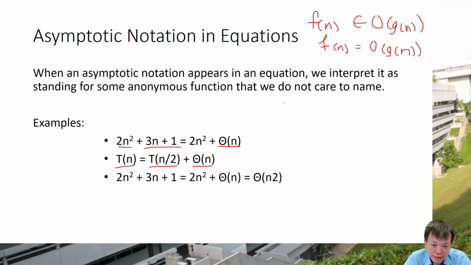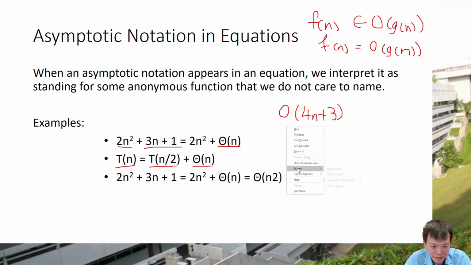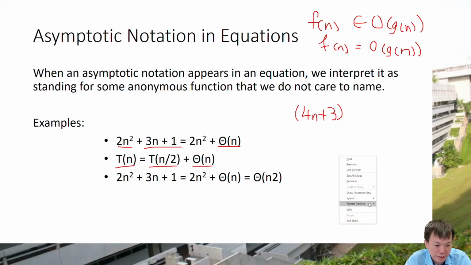The question is like all these things. I can have some function, like just now he mentioned, 4n plus 3. If you have some function 4n plus 3, of course you can say this 4n plus 3 is O(n).